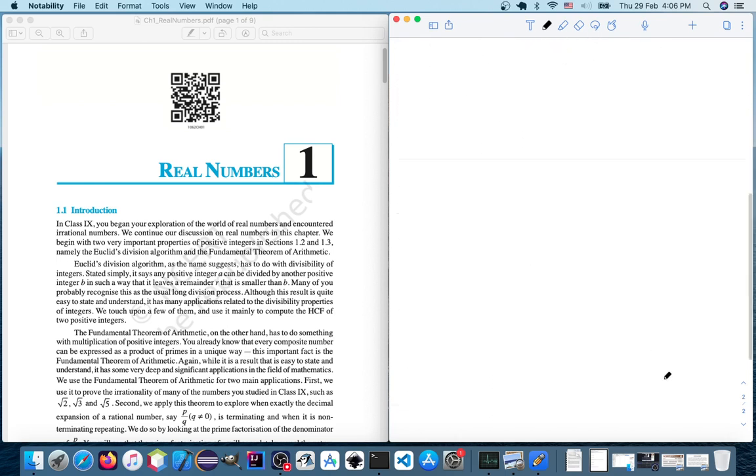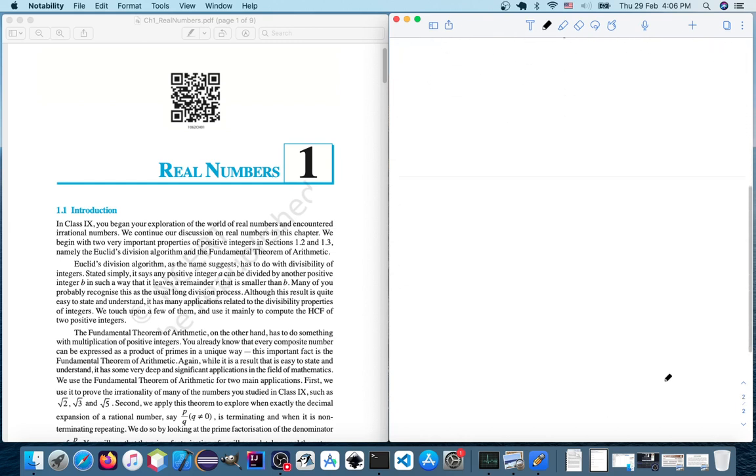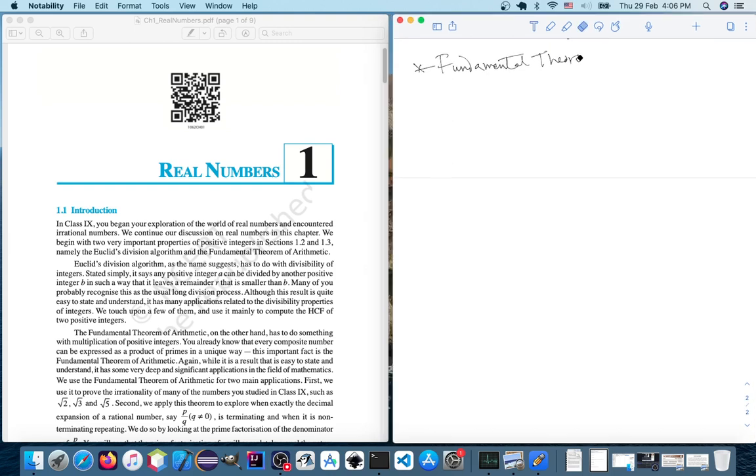Now, the fundamental theorem of arithmetic. What does the fundamental theorem of arithmetic say?